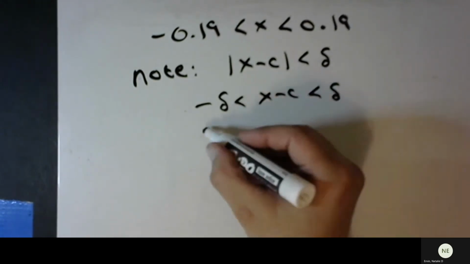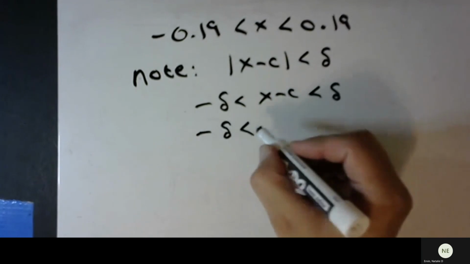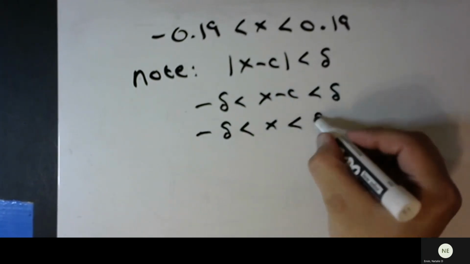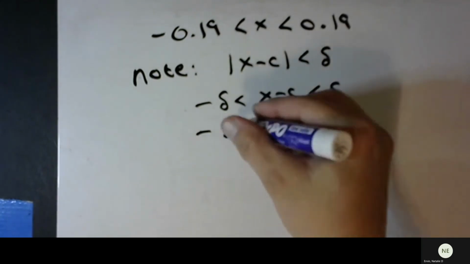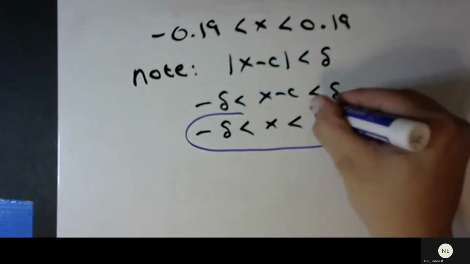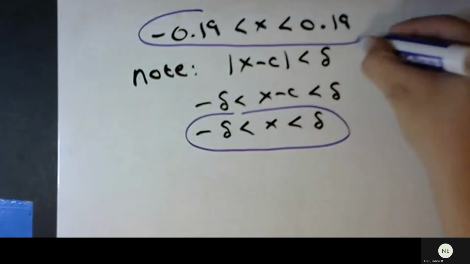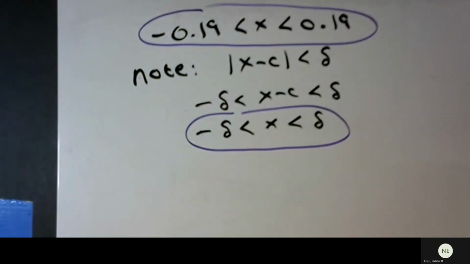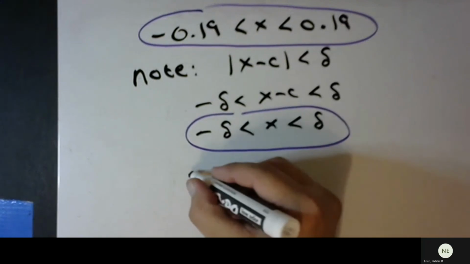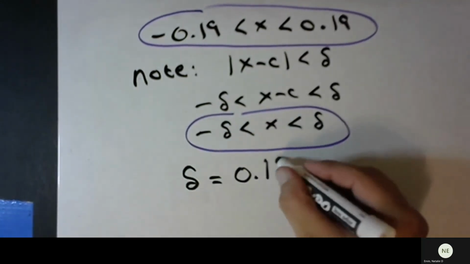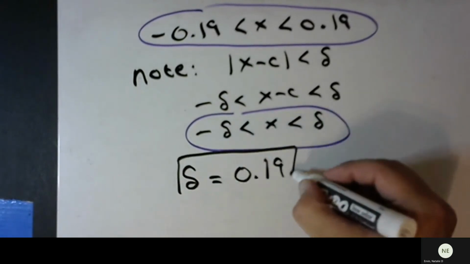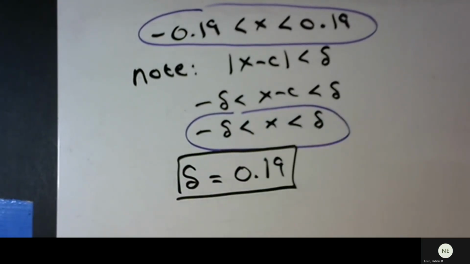Now c is 0, so that means we're looking for something like this. And wouldn't you know it, there we go. So what this means is that delta equals 0.19. And so that's going to give us our delta.